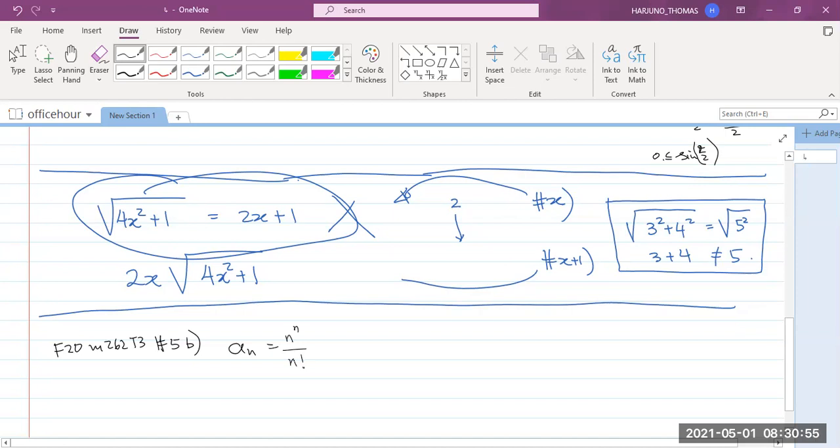The sequence, that's number C. You want me to go for C also? Okay, let me go for that one first then.